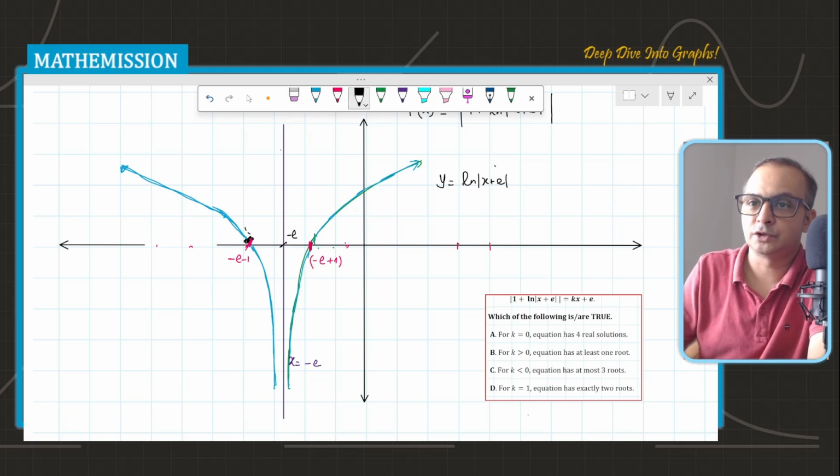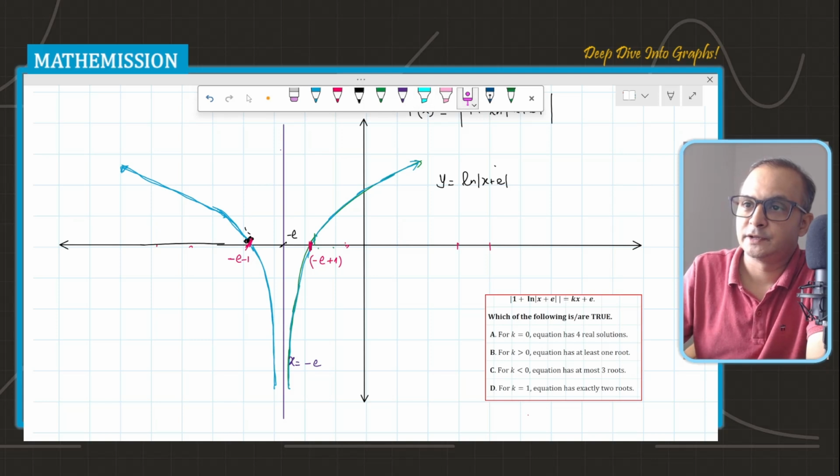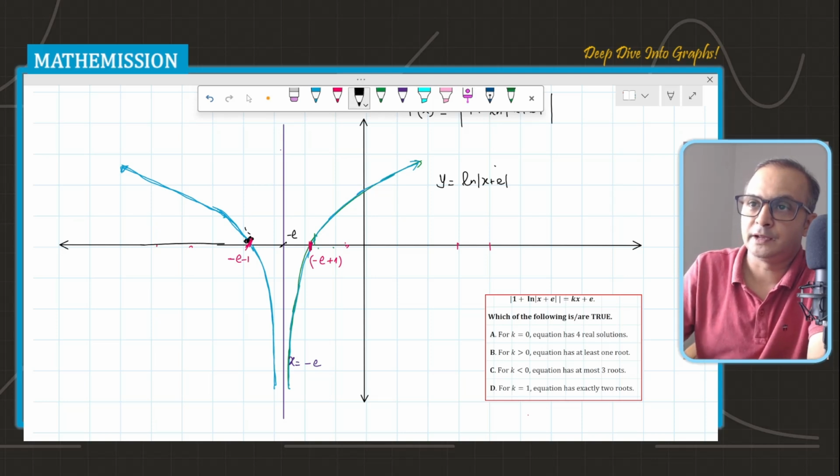Now one thing also you have to notice, that this point here is actually at 0, 1.